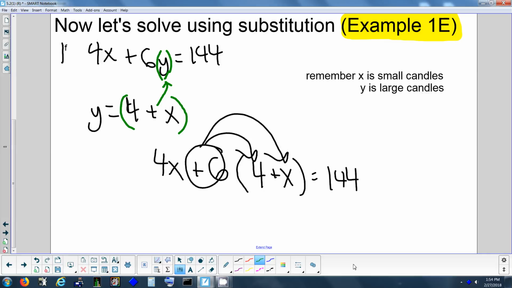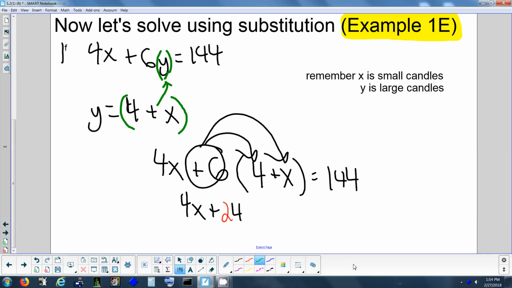What happens to the 4x? Just bring it down, right? There's nothing to change it. 4x. Now, when I distribute the first thing, 6 to the 4, what am I going to get? Positive or negative? Positive. I got to make sure I put the plus. Plus 24.